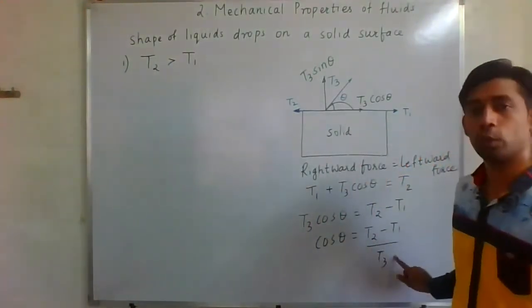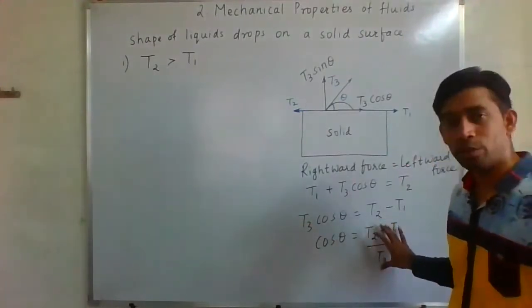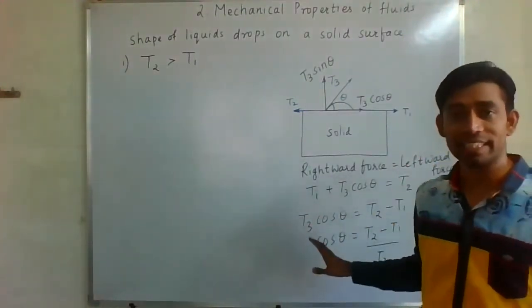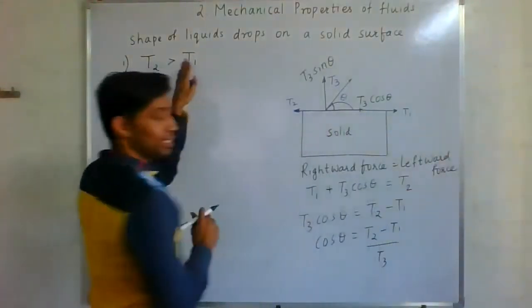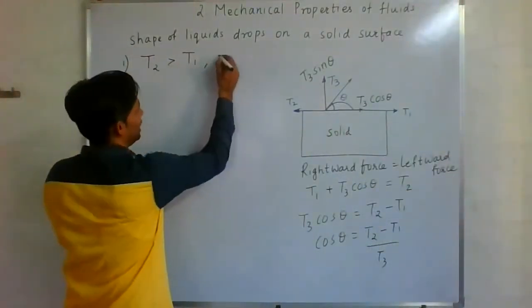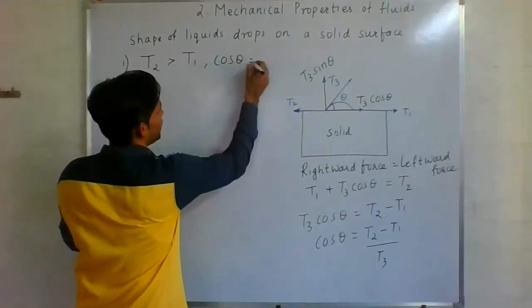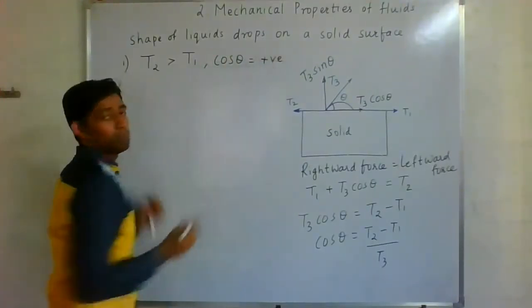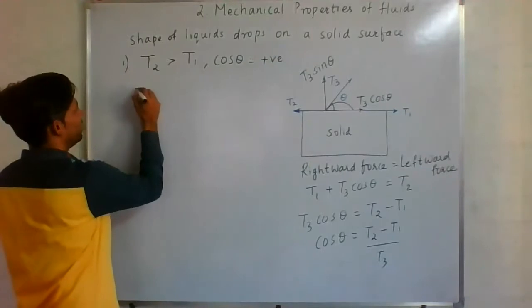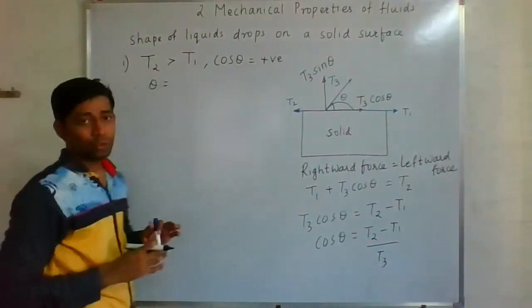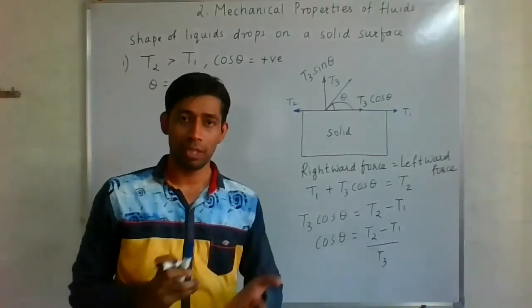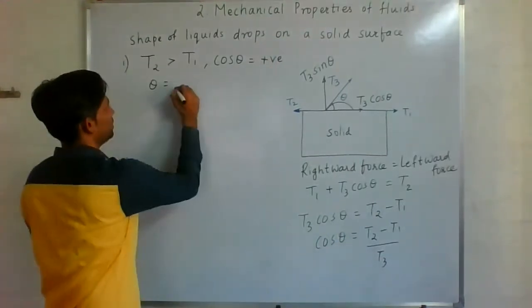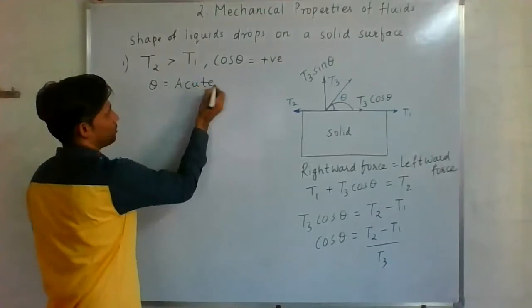So 1 upon root 2, you got a positive value. So the angle in this case would be equal to 45 degrees. Ultimately, when T2 is greater than T1, cos theta will be positive, and therefore theta will be acute, like the example I gave, 45 degrees. So I write this as acute.